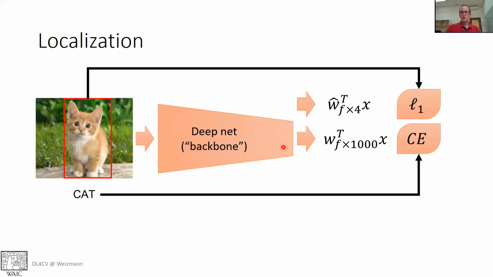But we believe this feature space is rich enough that it's not only helpful for classification, but it will help us to localize the object as well. Since this is a convolutional network, it's translation equivariant. If we move the object, the features will also be translated accordingly. So there is information about the location of the object, and we should be able to train this simple linear layer to regress and find the corners of the objects if we have proper supervision.